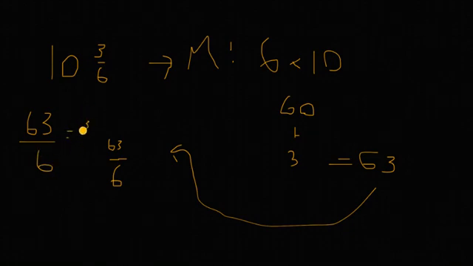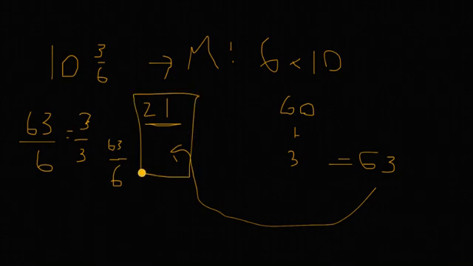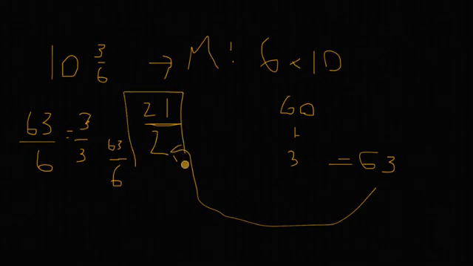So instead of using the 6, we could do 3. So 63 divided by 3, which I believe will equal 21. Just doing some mental math here. And let me make a square so that it's not too messy. 21, and then 6 divided by 3, which will equal 2. So that is our answer. Actually, no, sorry, I was getting a bit confused there. 21 over 2 is our answer, and thank you for joining me in this Mixed Numbers to Improper Fractions video.